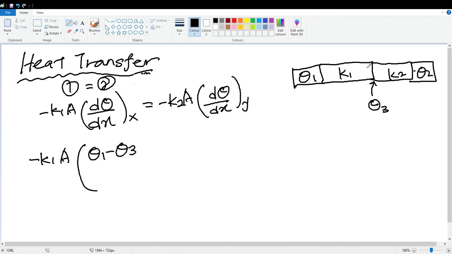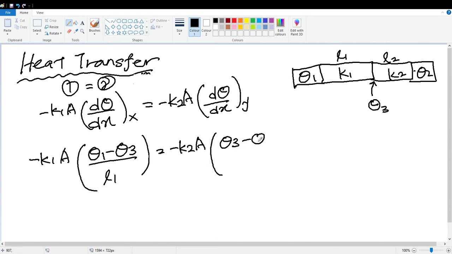Since the difference in temperature between the 2 points for every part of these rods and these two objects are equal, my theta 1 minus theta 3 divided by my L1, of course, and this is L2, is equal to K2A, theta 3 minus theta 2, which is the junction, divided by L2.